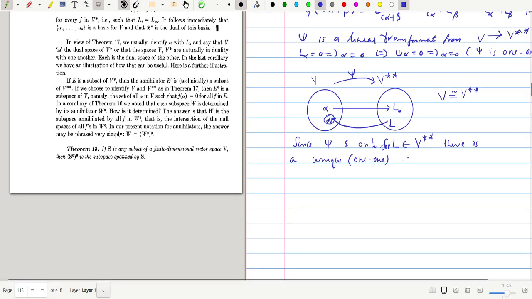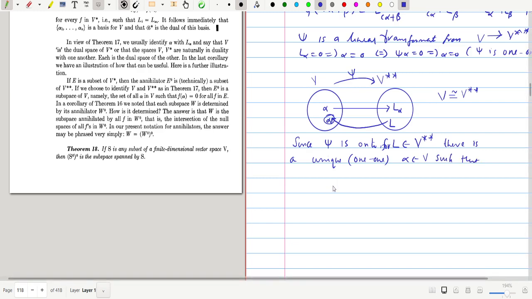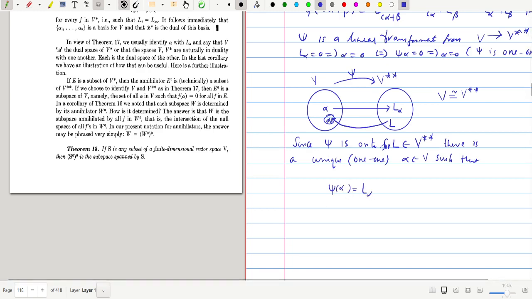So the unique α belongs to V such that ψ(α) equal to L. This is the definition of ontoness, and the uniqueness comes from the 1-1ness.